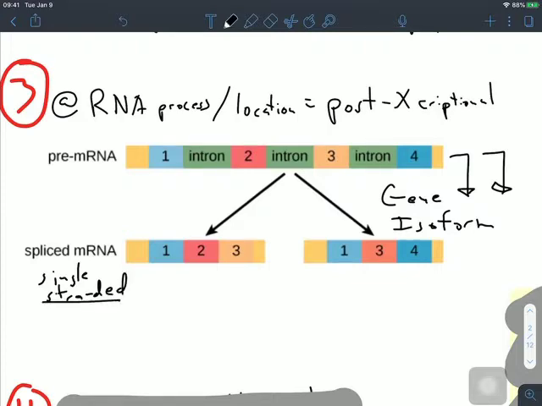Broadly speaking, this type of control relies on what is called RNA interference, or RNAi.